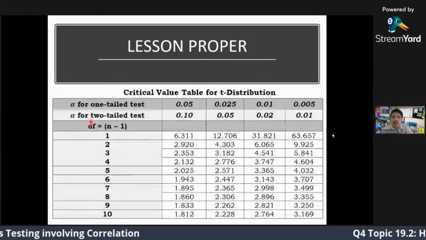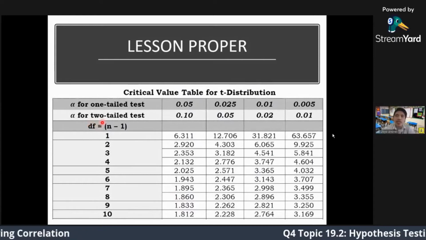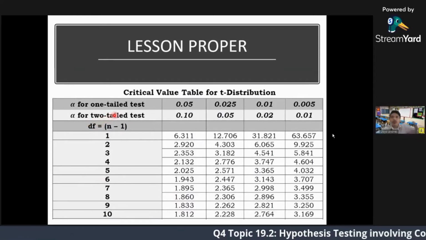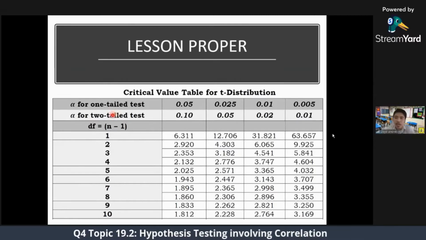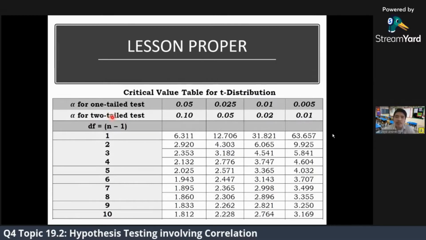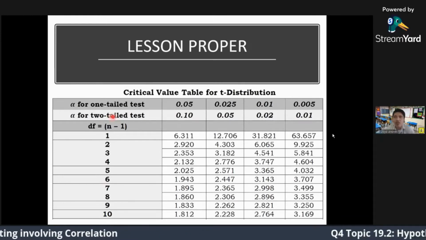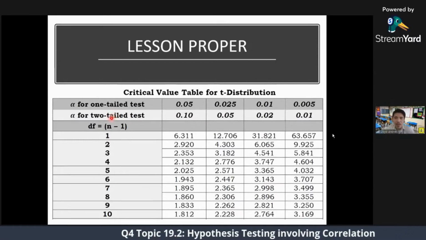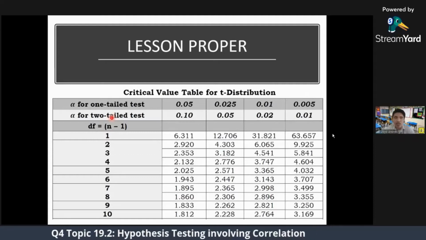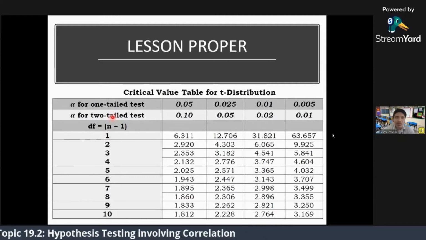The second step again is to determine the critical value. In solving for the critical value for the population mean, it depends on whether the population standard deviation is known, or on the sample size, whether it is greater than or equal to 30 or less than 30.